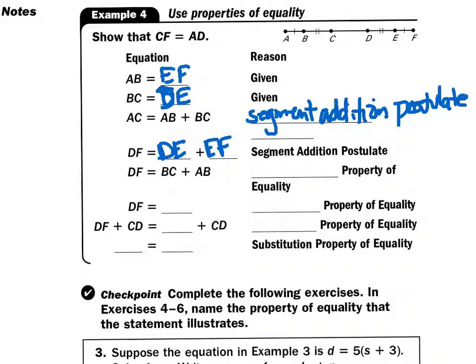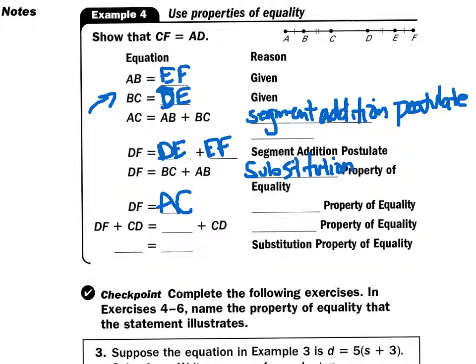So now we can say that DF equals BC plus AB. And then why can we say that? We can say that because we know that up here BC equals DE, so we can substitute in. So this would be the substitution.